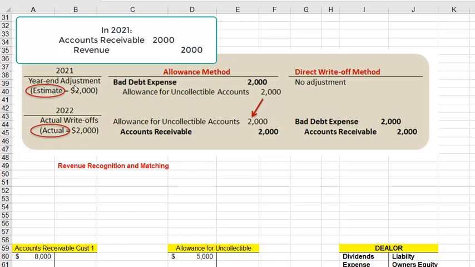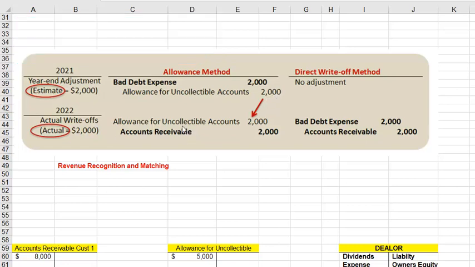So in the year of the adjustment, we'll have revenues recognized and a bad debt expense, and the contra asset will increase here with $2,000. And in the year the write-off is made, we will have no net effect to the income statement. As you can see, allowance for uncollectible accounts is a balance sheet account, and accounts receivable is also a balance sheet account. So no effect here on the income statement. So no net impact on the balance sheet.